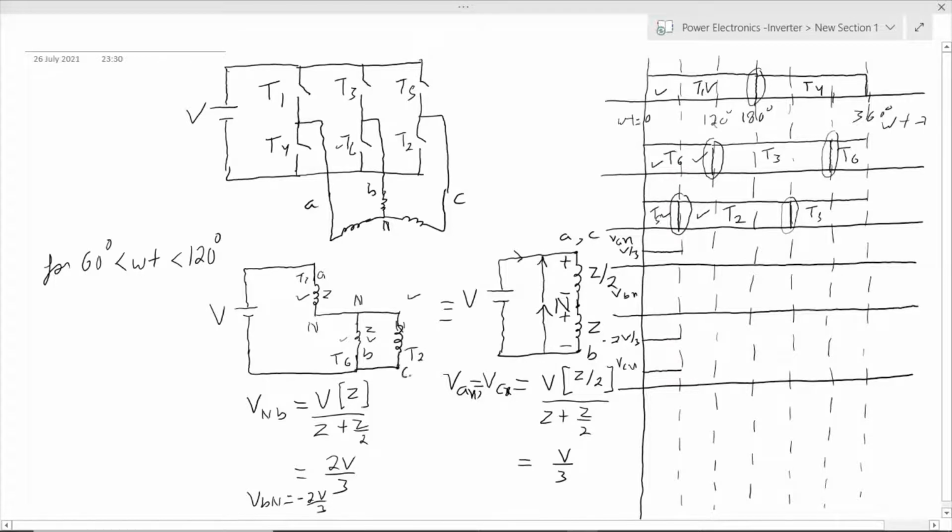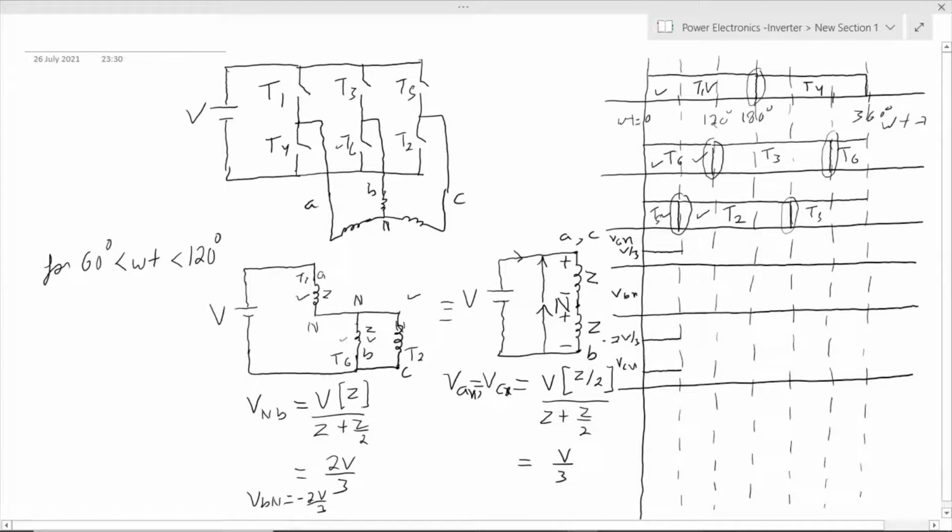So our C will be here now, just as what we have done for B. Now the same thing we can do for C. Now again solving, you will see that the upper one is Z and the lower one will be Z by 2, because now between the neutral and B and C phase there are two impedances.